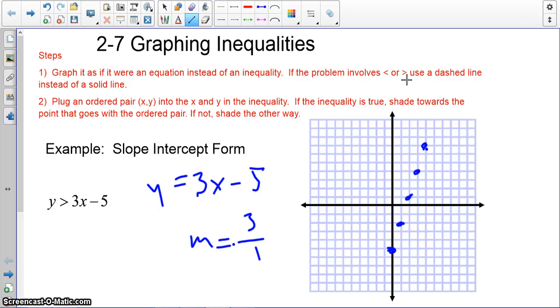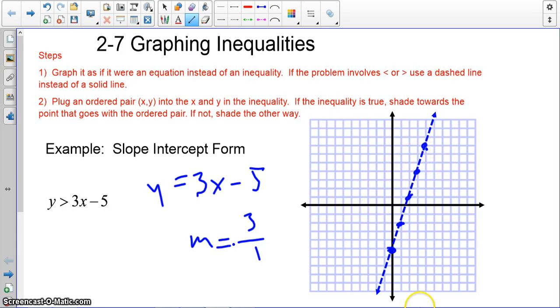It depends on whether or not it has the or equal to part. In this case, it's just greater than, so the way that idea is communicated is that you do the dashed line. That communicates that any point on this line is not part of the solution to this inequality. None of the points on the line make it so that y is greater than 3x minus 5.